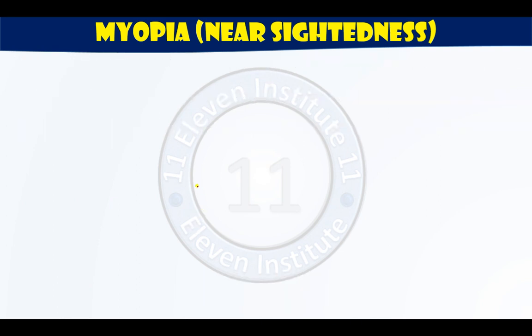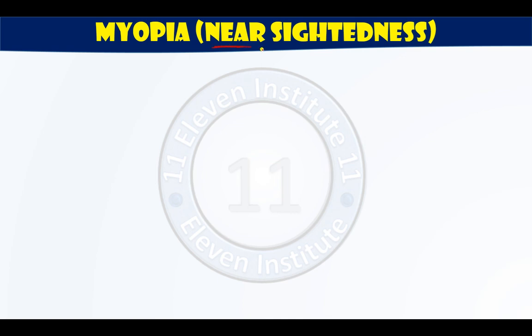Now, what happens in case of myopia or nearsightedness? The name itself suggests it: nearsightedness is the condition of the eye in which a person is able to see nearby objects clearly, but has a problem in seeing objects which are situated far away.